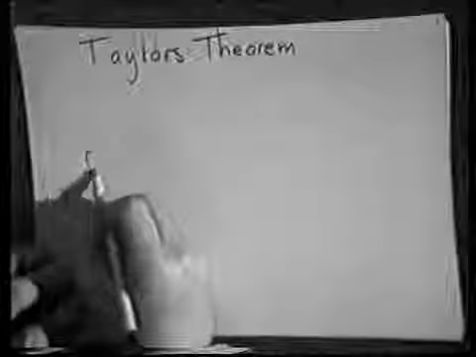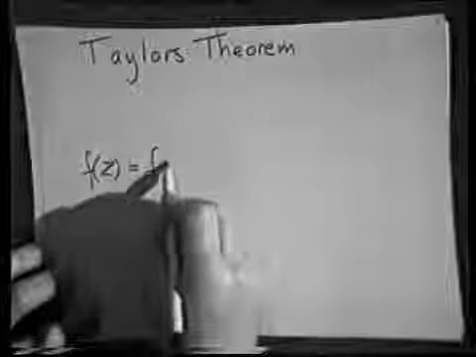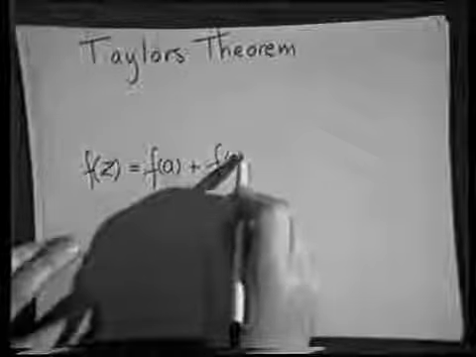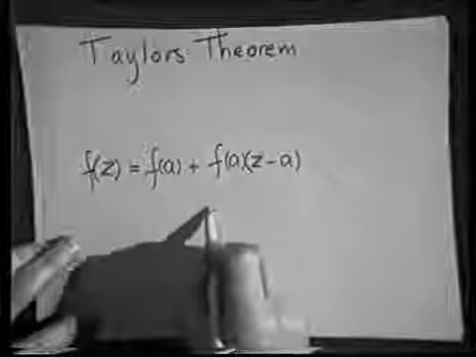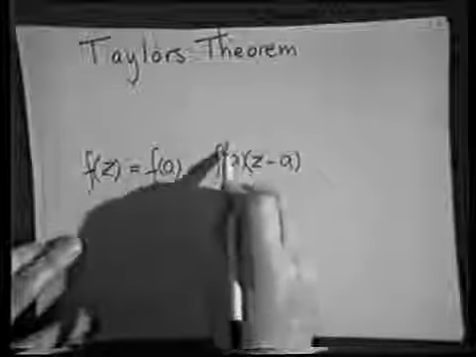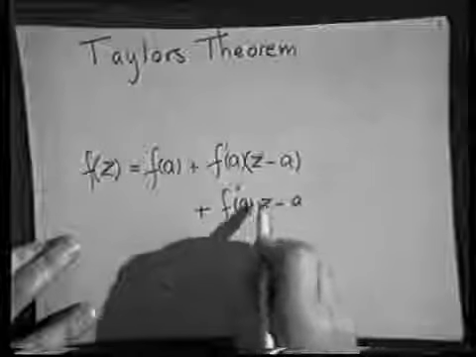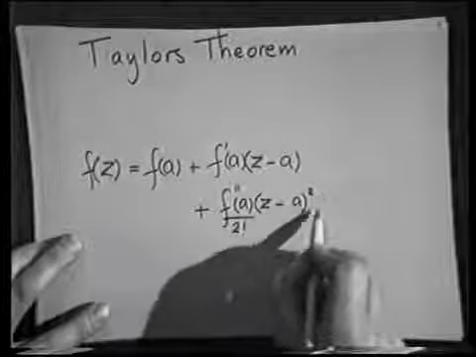It's f of z equals f at a plus f dashed at a times z minus a plus f double dashed at a times z minus a squared. And don't forget the 2 factorial, and so on like that.